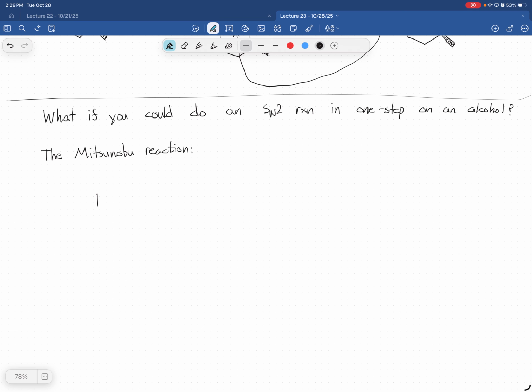So here's the general reaction. You have an alcohol, and you have a nucleophile that's protonated, say, for example, water, H2O. And you're going to add 2 reagents here. One is triphenylphosphine, PPh3.